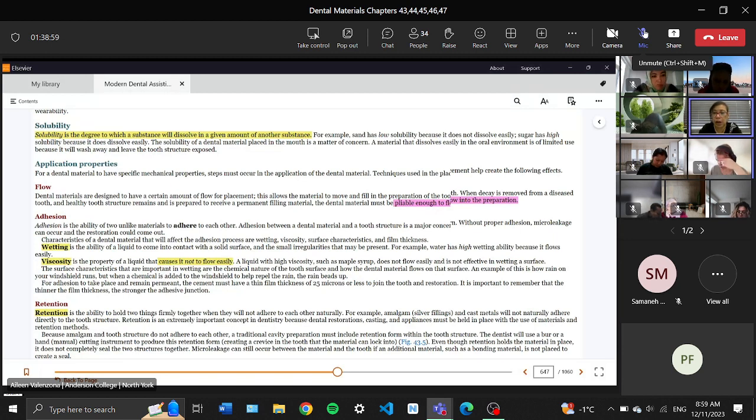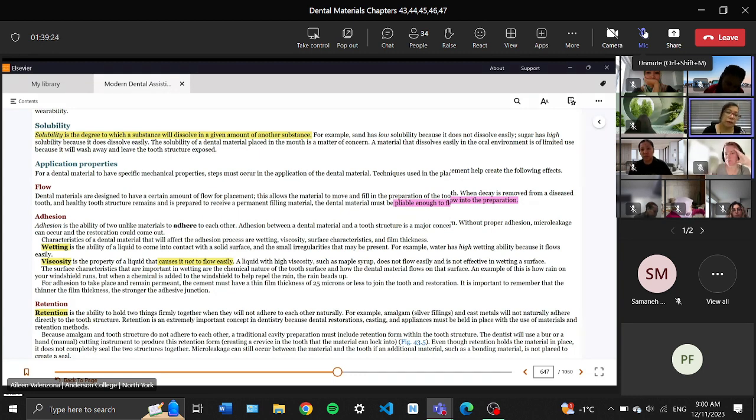For example, water has high wetting ability because it flows easily. When we are doing a restoration, the dentist will try to avoid wetting. They do not want any water or saliva, but you might be confused, because there are some restorations where we want it moist. Moist is different from wet.